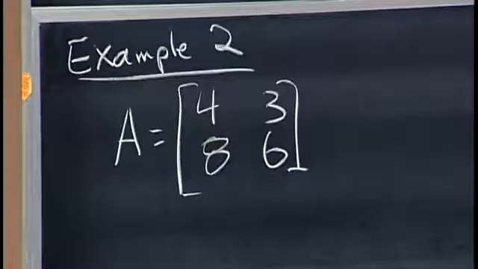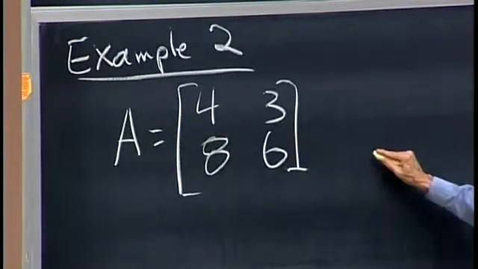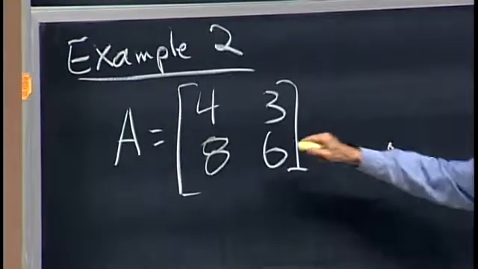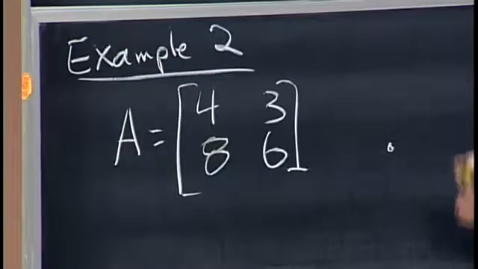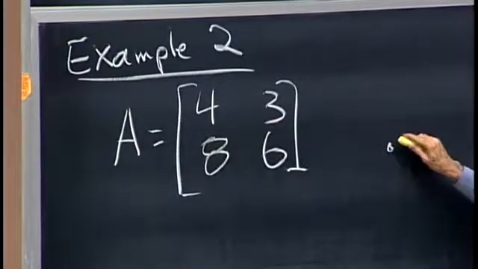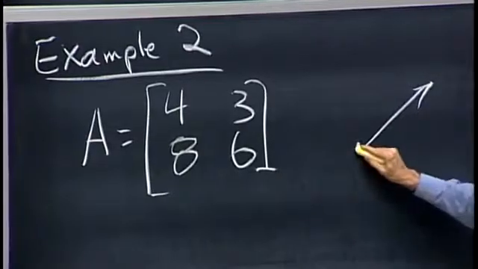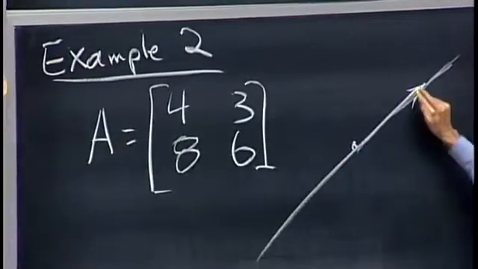So actually, my picture becomes easy for this matrix, because what's my row space for this one? So this is 2 by 2. So my pictures are both two-dimensional. My row space is all multiples of that vector 4, 3. So the row space is just a line, right?